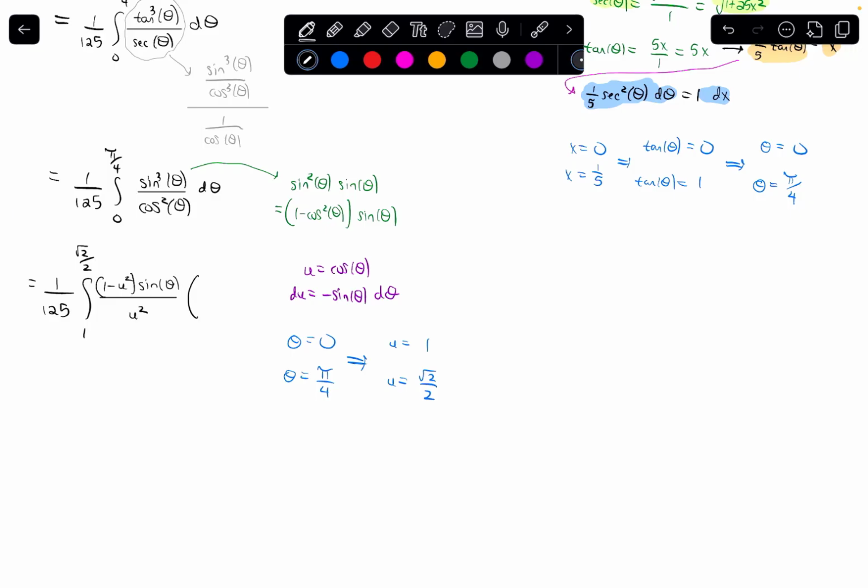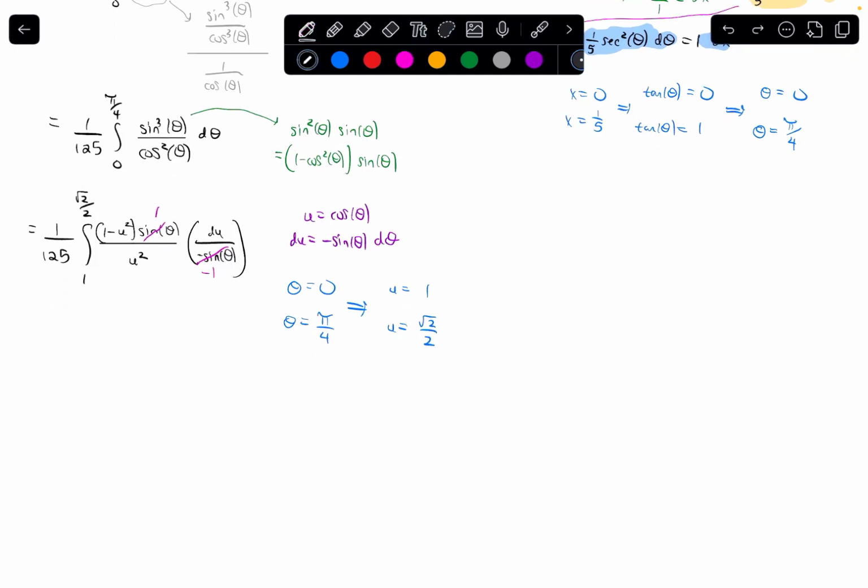And if I isolate for d theta here, well, d theta is du over negative sine theta. Okay. So I can cancel a sine on the top and the bottom. That leaves me with 1 up here and a negative 1 down there. I can move the negative out in front. In fact, one of the things I'm realizing is, wait, I can change the sign entirely if I were to flip these limits of integration.